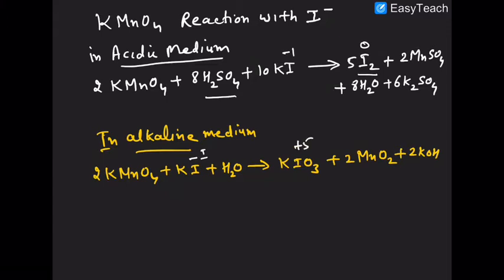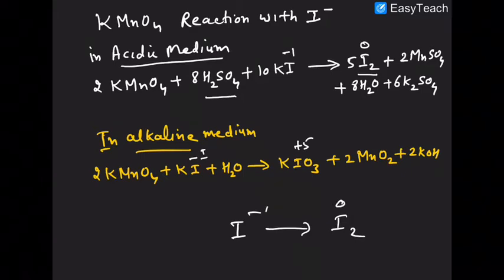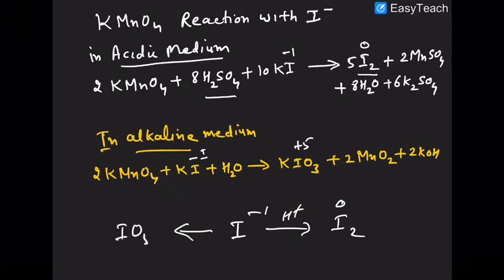So -1 becomes 0 in acidic medium, while the same -1 becomes iodate ion in basic medium.